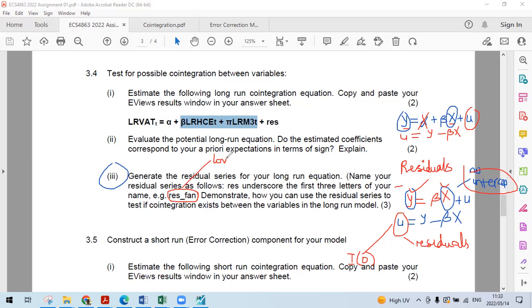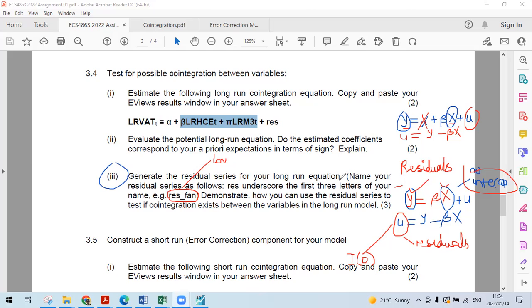So the steps: we go to the equation in EViews, we make the residual series, and we save it. When saving, we have to name them, using the first 3 letters of your name. Repeating for the last time, we go to the equation, make the residual series, name them, and test for stationarity.